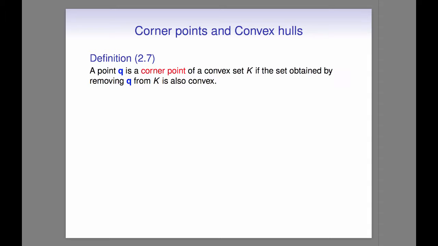What's a little bit more subtle is the concept of a corner point. Q is a corner point of a convex region if the set obtained by eliminating that point is also convex.